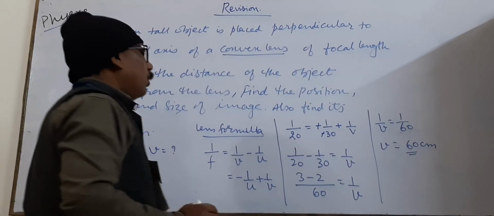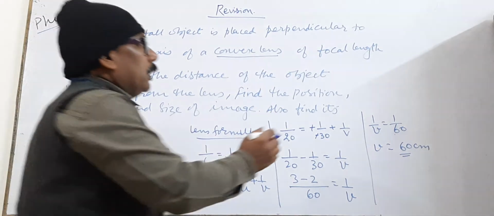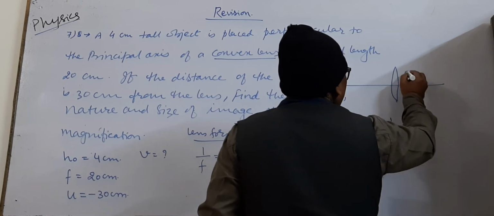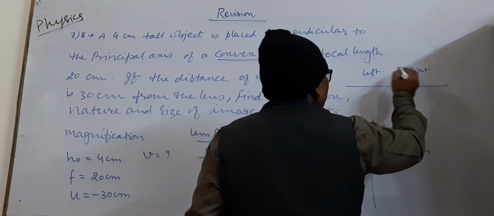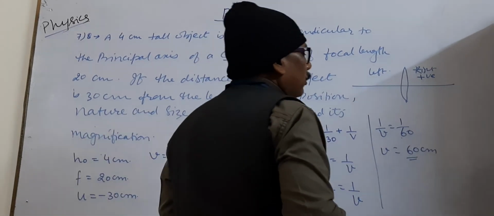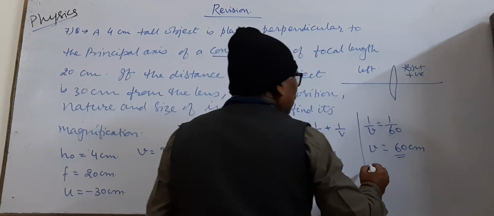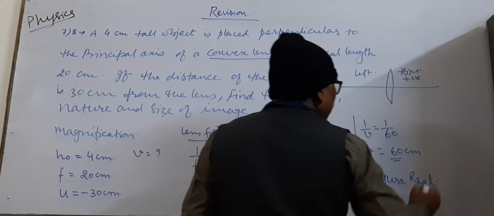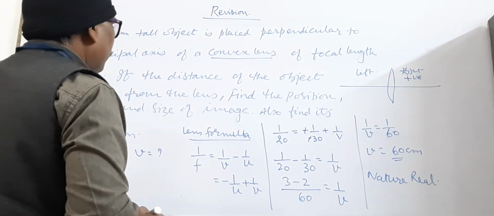Here you see the value of v is positive. It means in case of lens, this is the convex lens, this is the right side and this is the left side. v is coming positive, means v is formed on this side. So what kind of image is this? The nature is real. Nature is real.